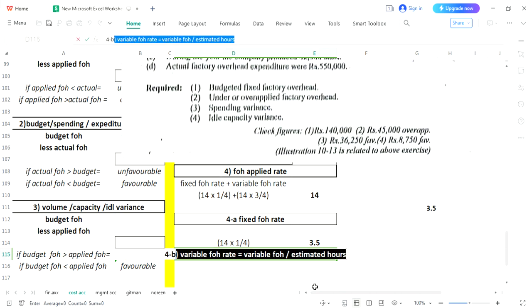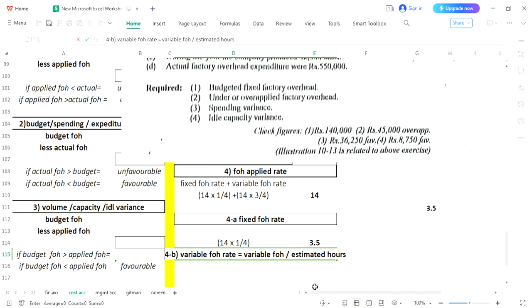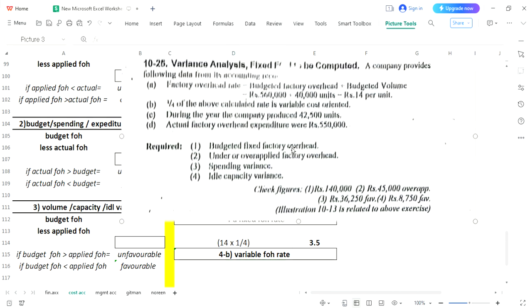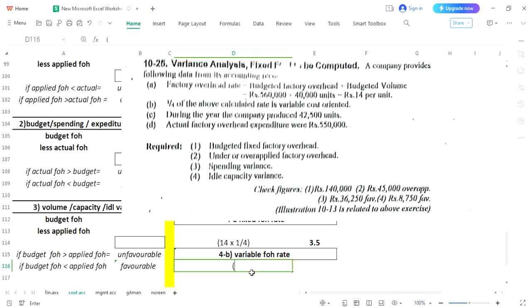Usually how was it calculated? By dividing your variable FH by estimated hours. But here the formula won't be used because the instruction in this question is a little different. He had said 3 by 4 would be used as variable. So we have already calculated it. How? 14 would be multiplied by 3 and divided by 4.